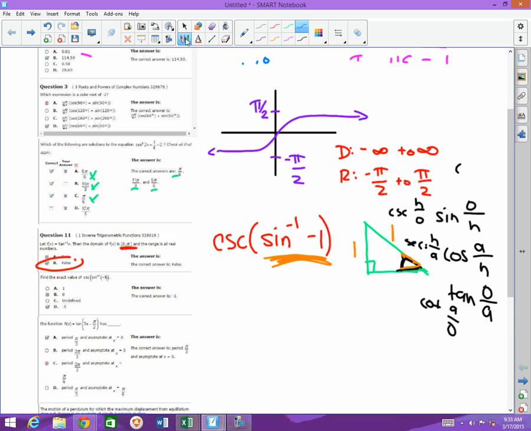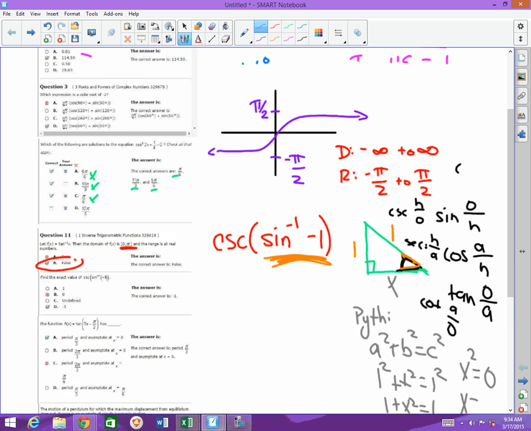Okay, so now that you know that, we need to find the third side. Because this is a right triangle, you can use the Pythagorean theorem, which says that a squared plus b squared equals c squared, c being the hypotenuse and a and b being the two sides. So you have 1 squared plus x squared equals 1 squared. So you have 1 plus x squared equals 1, and if you subtract 1, you get x squared equals 0.